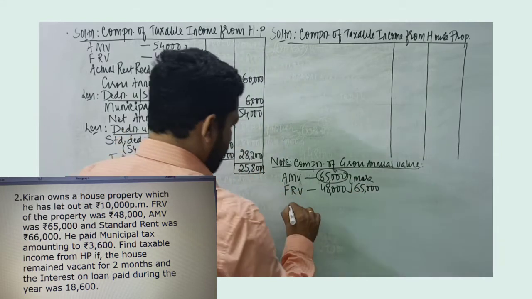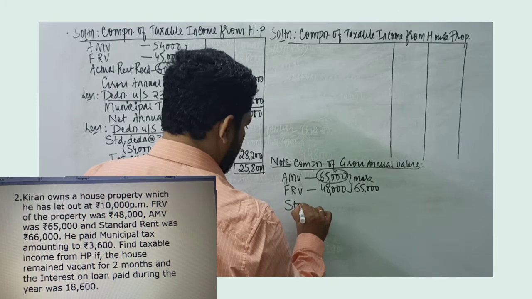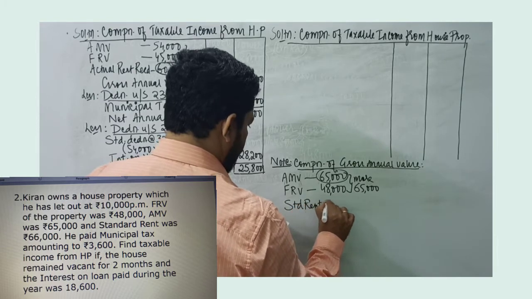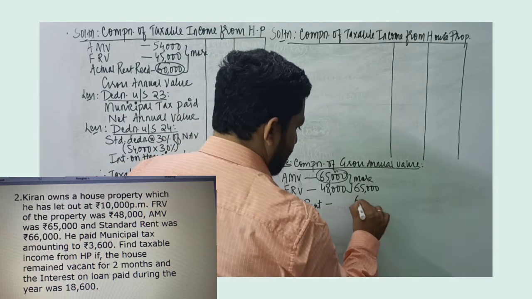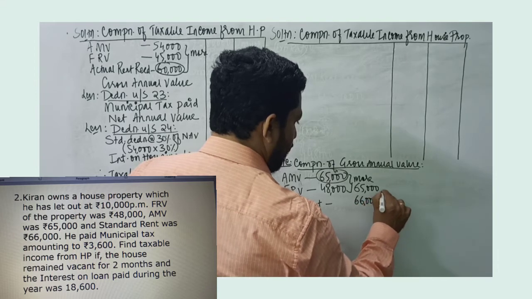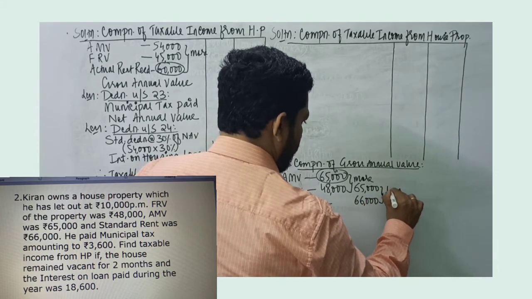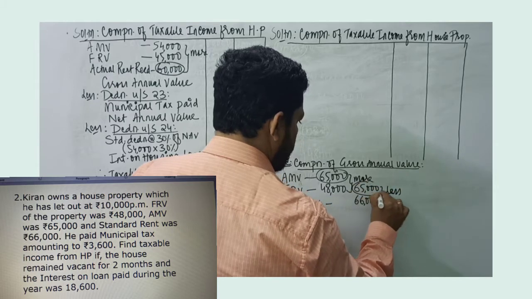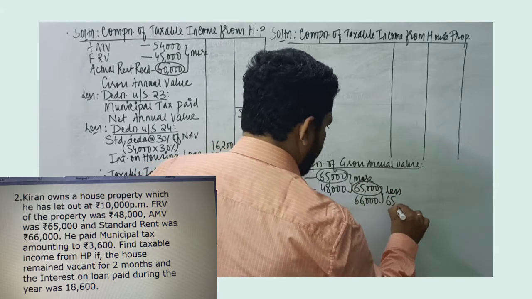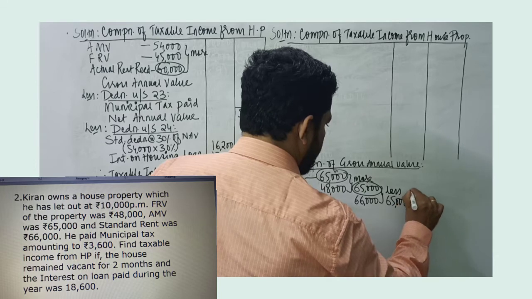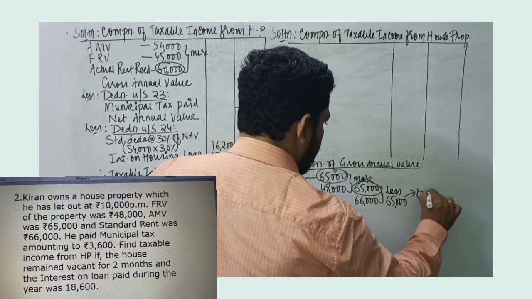I compare that with standard rent. Standard rent given in the problem is 66,000. Whichever is lower.